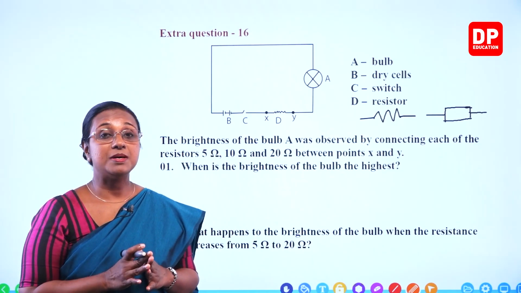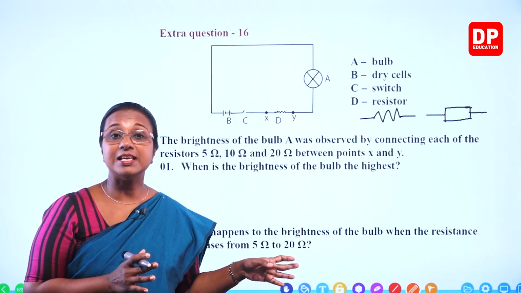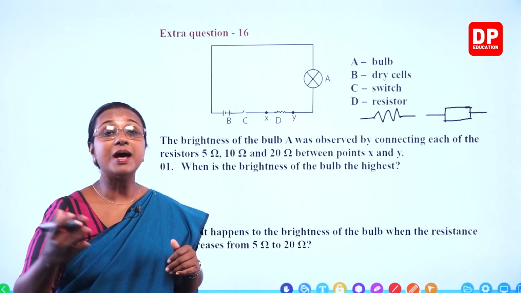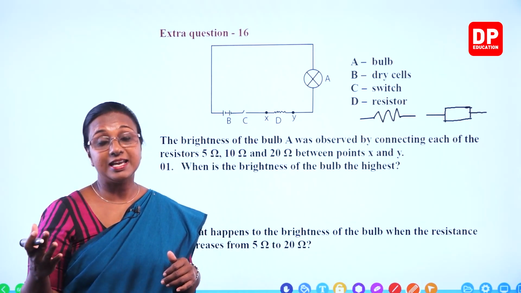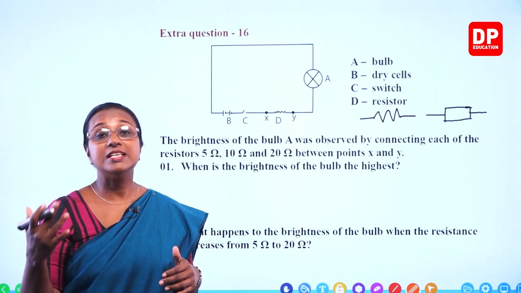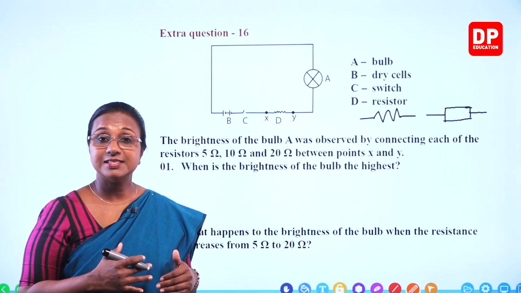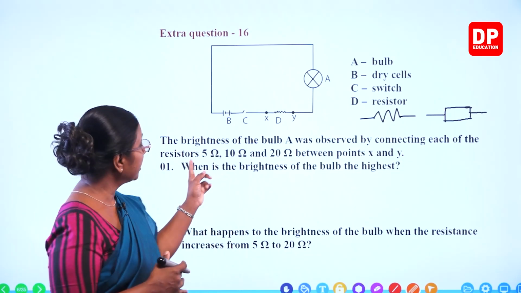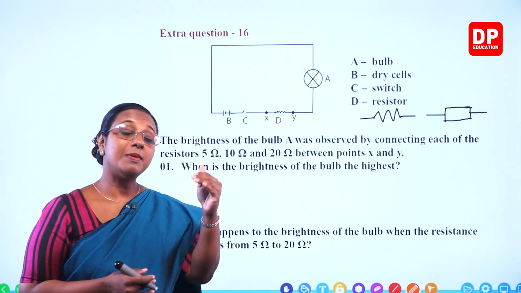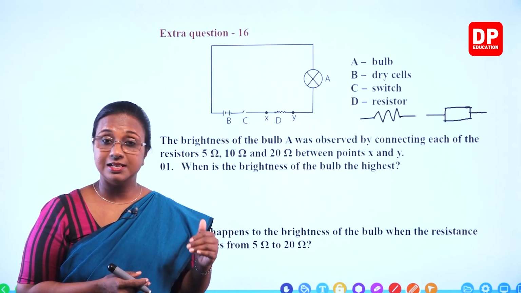And you can remember when the resistance was less. If the resistance is 5 ohms, then the brightness of the bulb was the highest. Why? Because the current flow is higher when the resistance is lower.